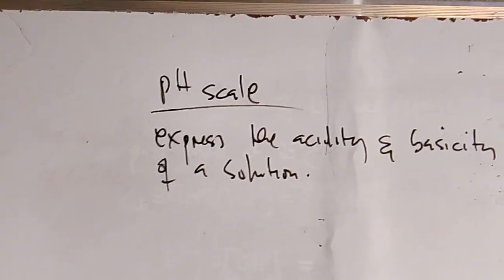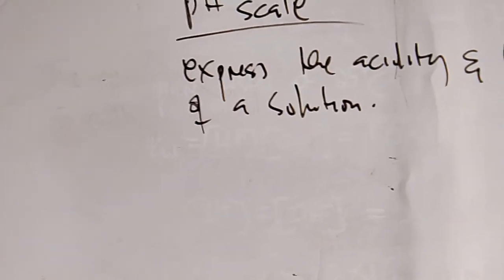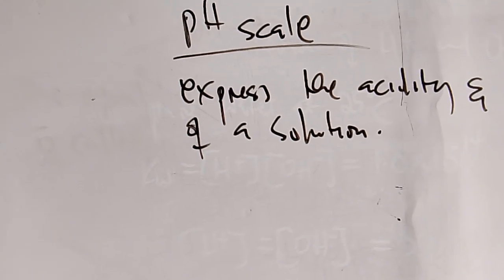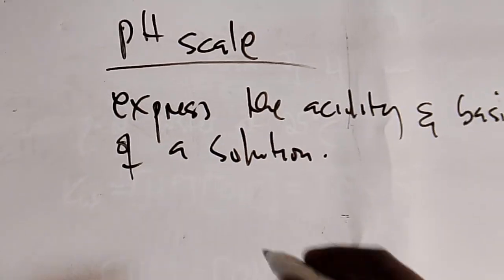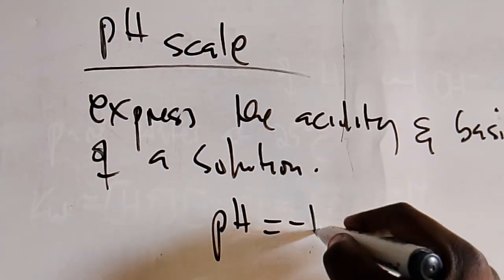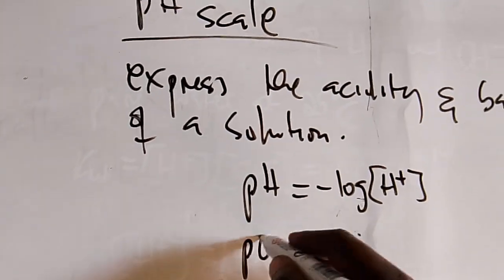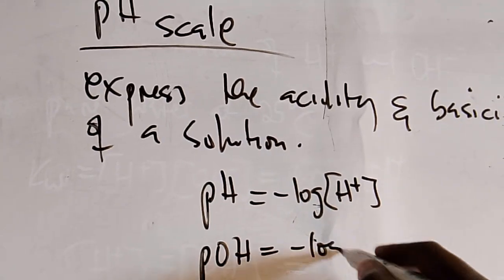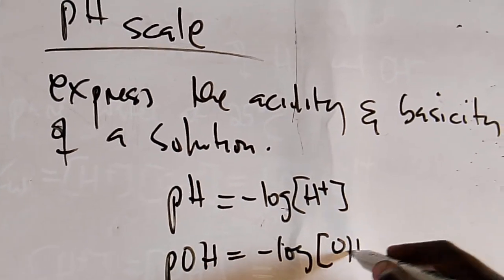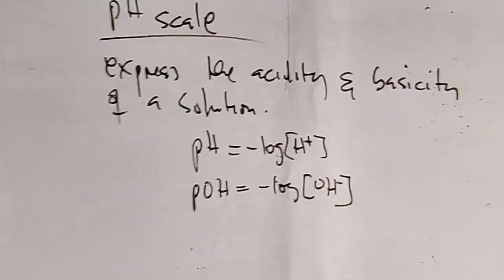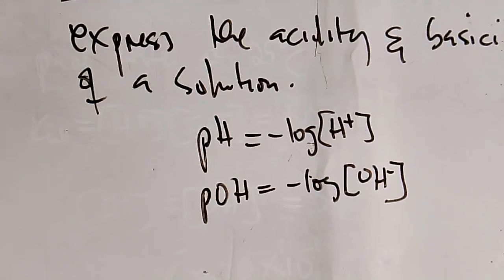We know that pH is equal to negative log of the hydrogen ion concentration, then pOH is equal to negative log of the hydroxide ion concentration.